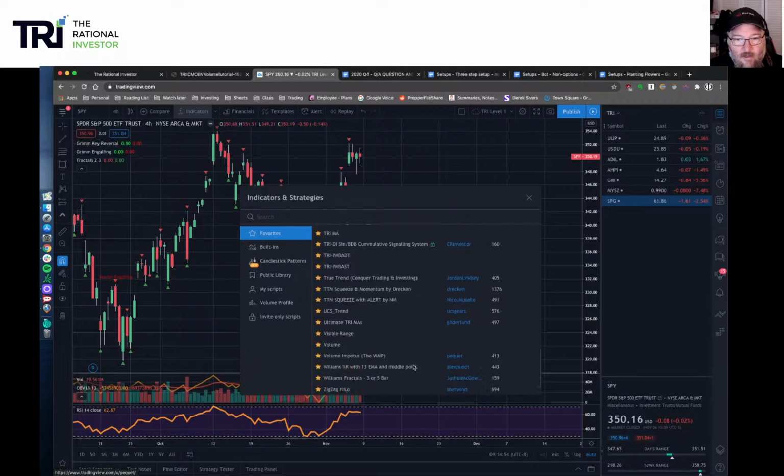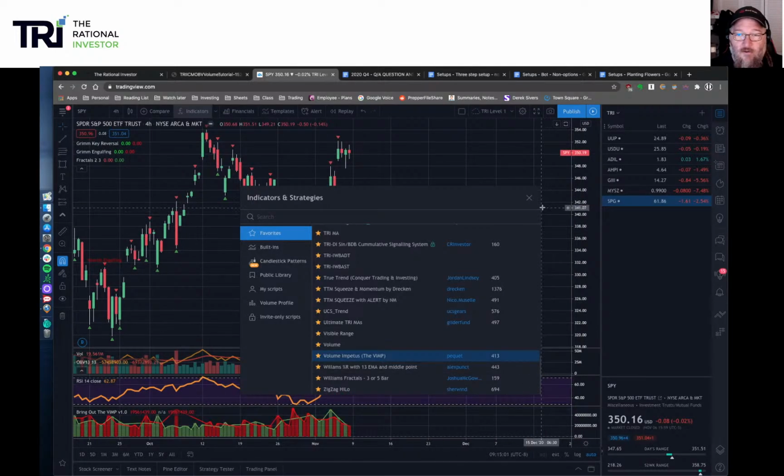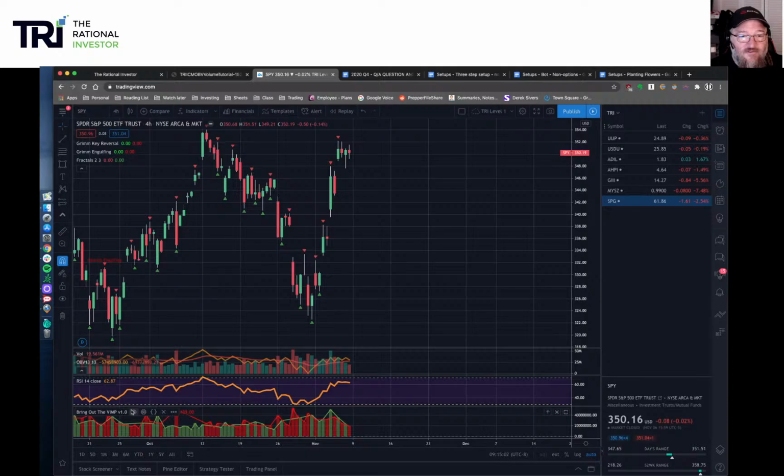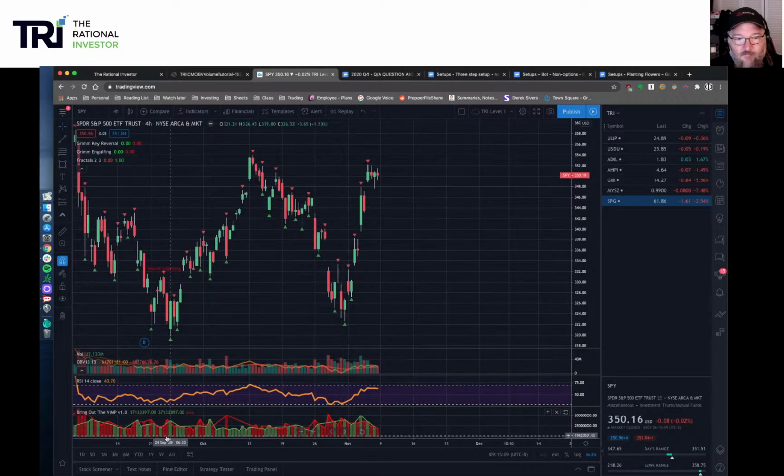There it is. Piquet is his name on TradingView, but that's Benjamin, our old site veteran, and he wrote this script to help visually see the movement and volume, so you can identify volume impetus a little easier, right?